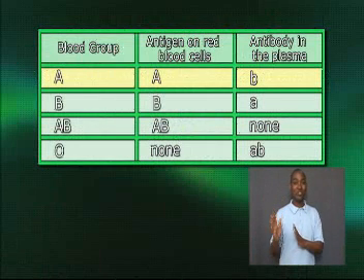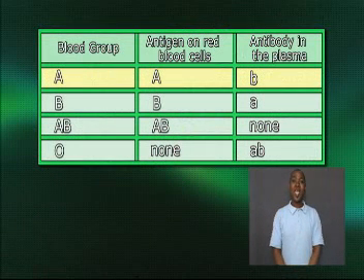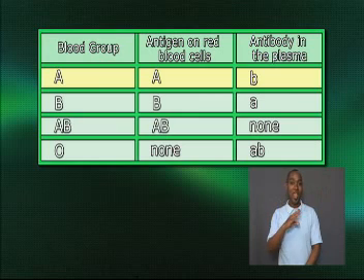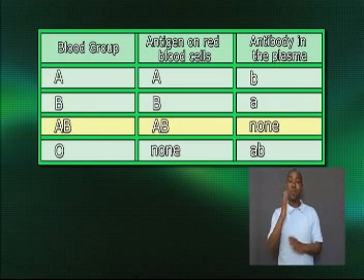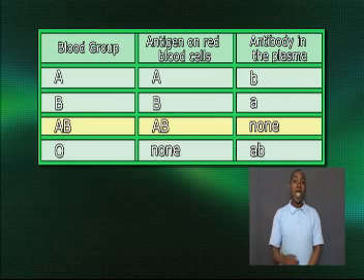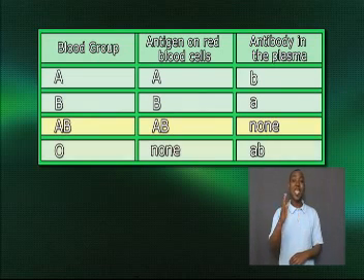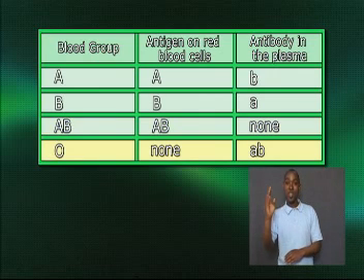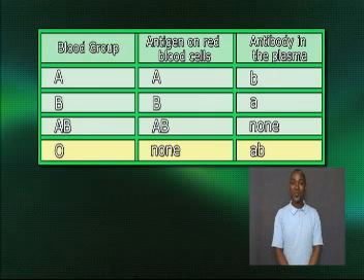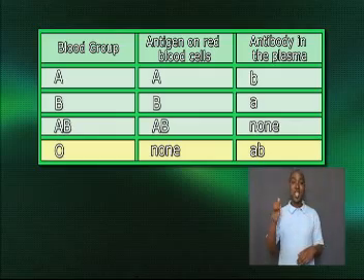As you can see, antigen A and antibody B form type A blood. Antigen B and antibody A form type B blood. Antigens A and B form type AB blood, and antibodies A and B form type O blood.